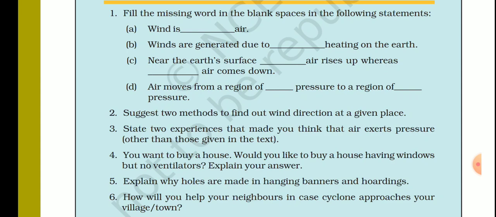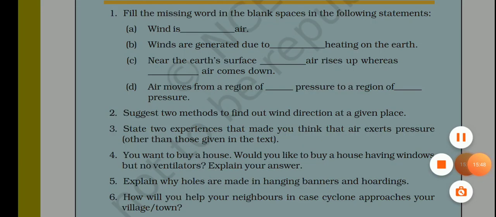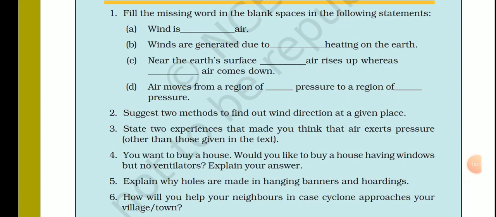Next one, you want to buy a house. Would you like to buy a house having windows but no ventilators? Explain your answer. Okay, so the answer is, it is not a good idea to buy a house having no ventilators because warm air is lighter in weight and it rises and moves out of the house with the help of ventilators.